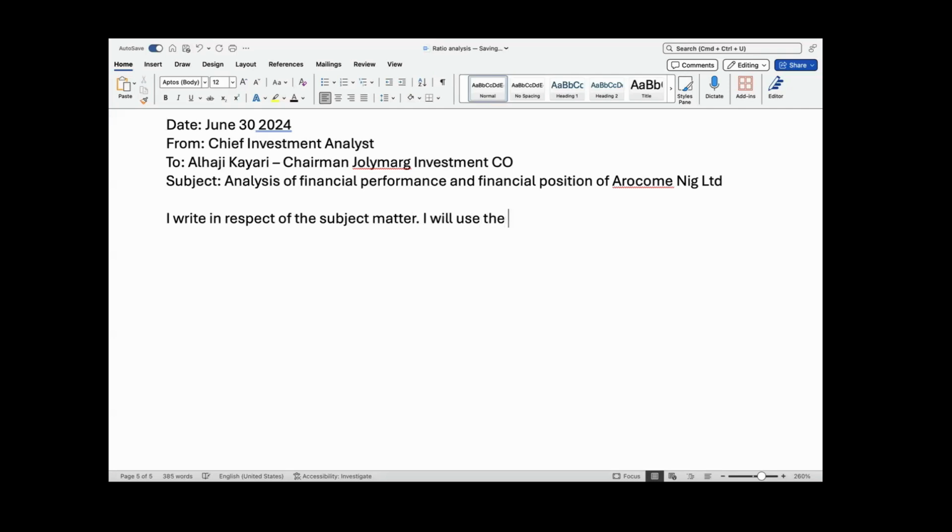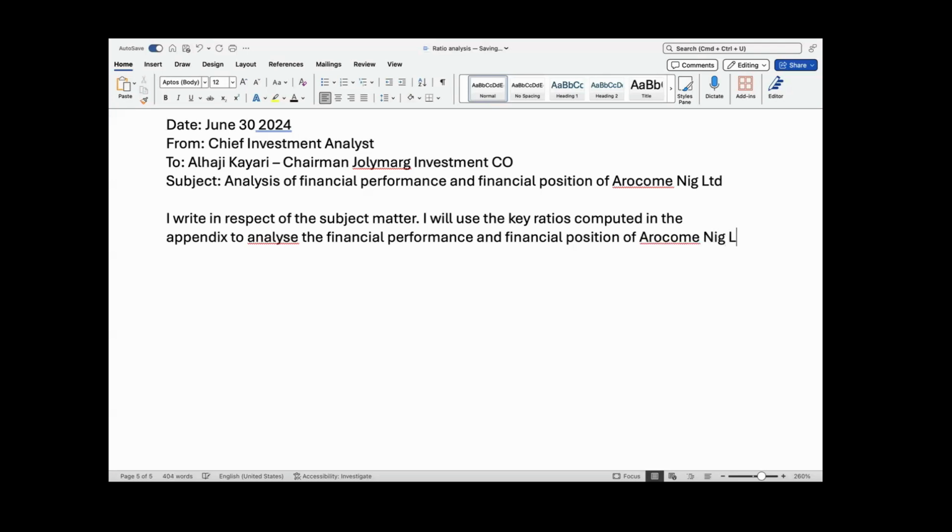I will use the key ratios computed in the appendix to analyze the financial performance and the financial position of Agrocom Nigeria Limited.